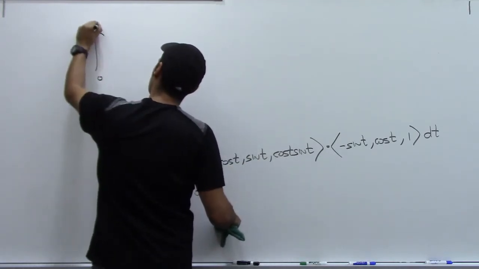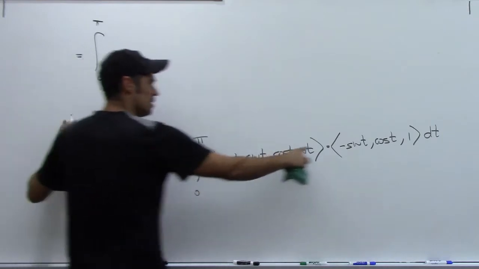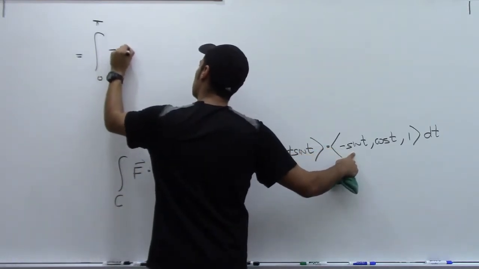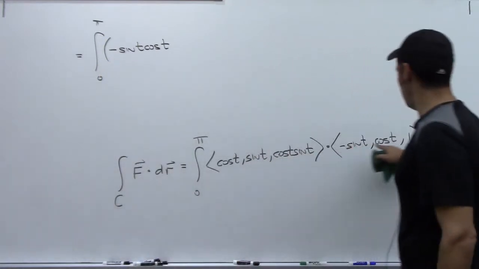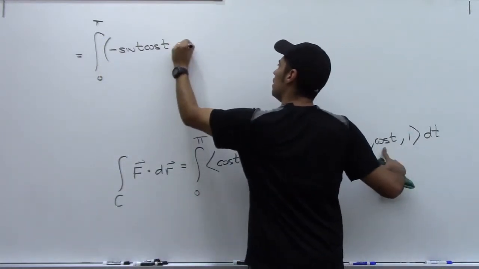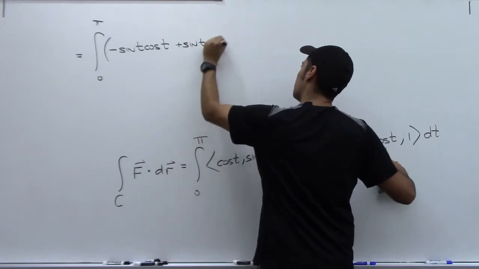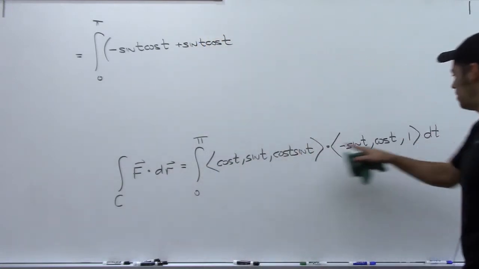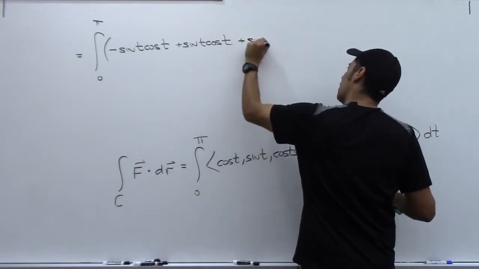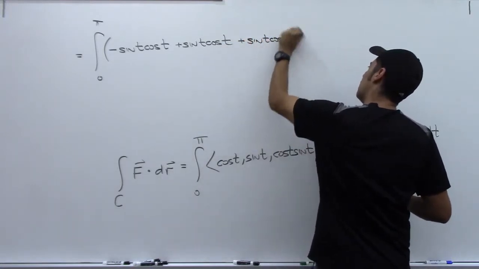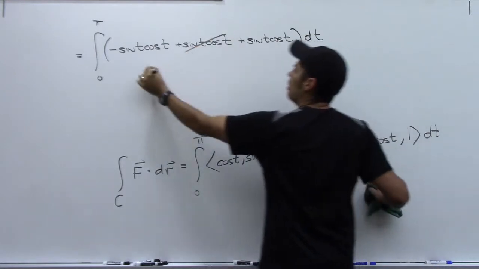Integral 0 to pi. Cosine times this is going to be negative sine t cosine t. This times this, you get positive sine t times cosine t, so those are going to be gone. And then this times this gives you another one of those. Sine t cosine t dt, gone, gone.